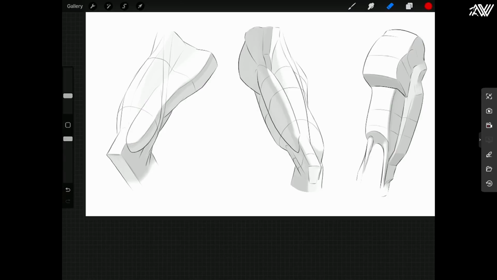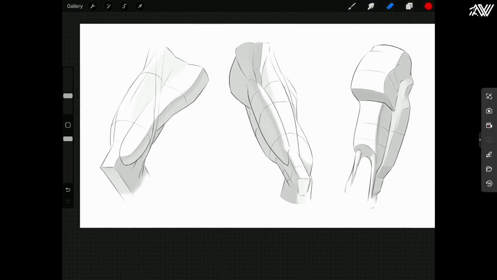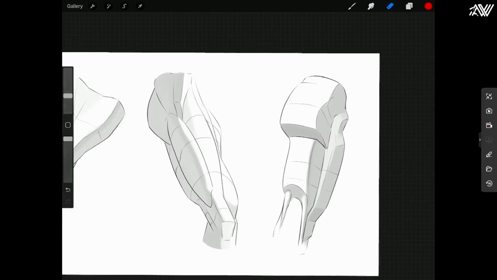Other than that, there's not much more to remember when it comes to the muscles anatomically. The only thing you would need to remember is that when we look at form, the glutes, the quads, and the hamstrings make up the entire silhouette, or almost the entire silhouette. The glutes could be regarded as a sort of bean shape, or that butterfly shape we were talking about, with a little bit of a flattened bottom.